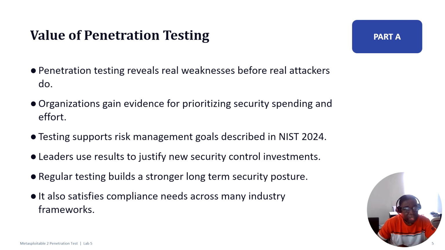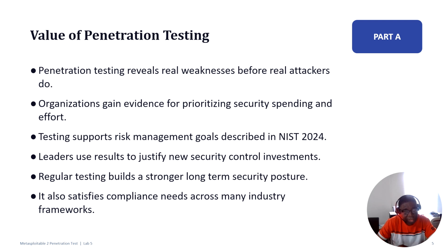So, why does this matter to an organization? A penetration test exposes real, exploitable weaknesses before an actual attacker finds them, which gives the security team concrete evidence instead of guesswork. That evidence helps leadership prioritize where to spend limited security budget and justify investment in new controls.